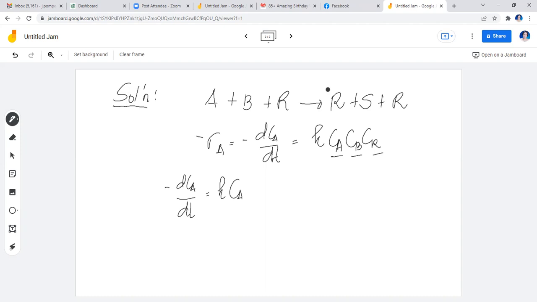You cannot process your DE with the C sub B and the C sub R because your unknown function is C sub A. So you express C sub B and C sub R in terms of C sub A. We have discussed this already, that C sub B can be expressed in terms of C sub BO times the quantity 1 minus X sub B. And your C sub R can be expressed as C sub O minus C sub A minus C sub B.